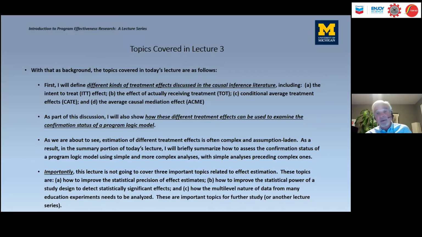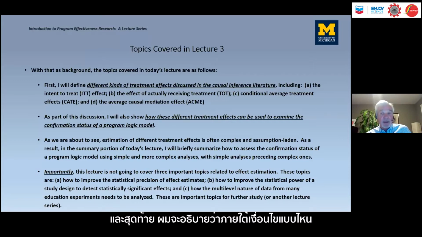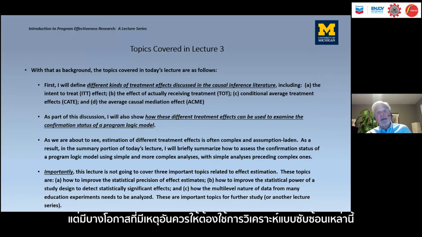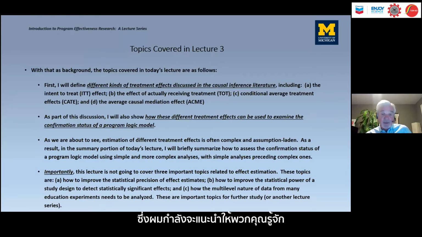That is, I'm not advocating here that you do a set of complex analyses. In fact, I prefer simple analyses, and I will at the end describe the conditions under which the simplest forms of analyses are just fine. But there are occasions where these more complex forms are warranted, and so I'm going to introduce them.